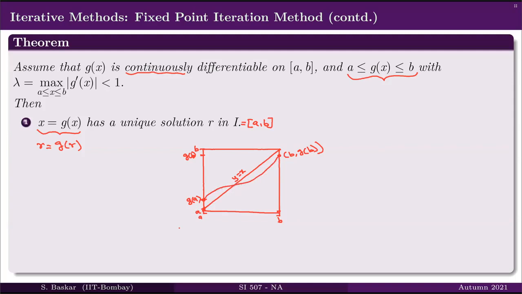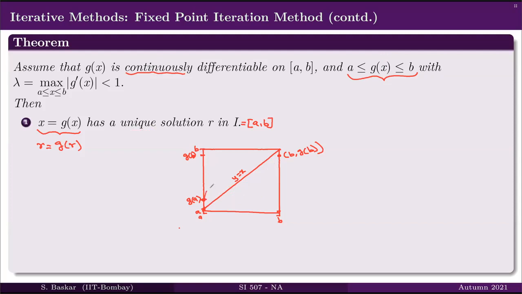Therefore, surely at some point, it has to cross the line y equal to x, right? That is how we say that if G is a self map and if it is a continuous function, then G will surely have a fixed point. Note that these two alone will not give you a guarantee for uniqueness, because this graph may cut the line at 2 points also.